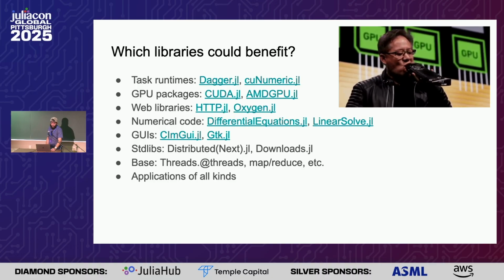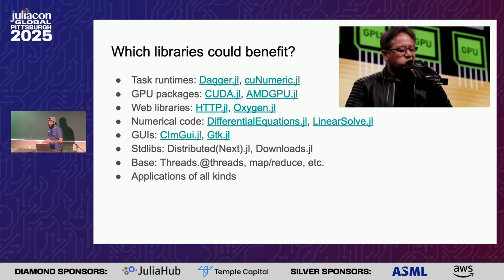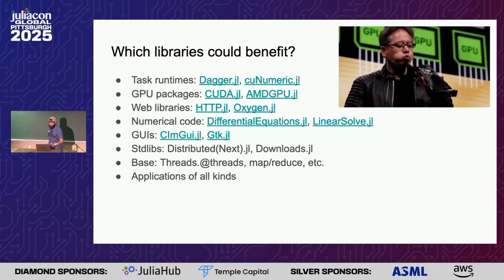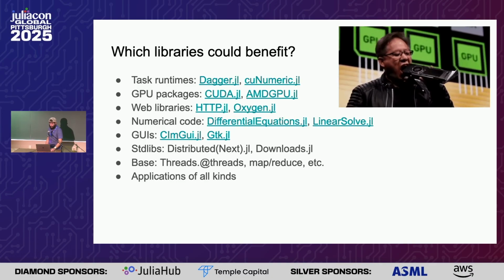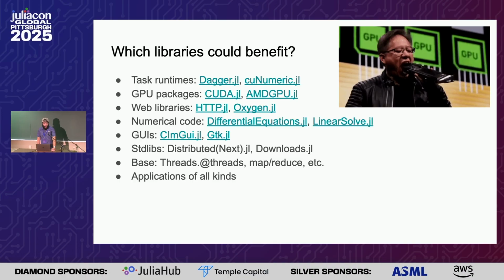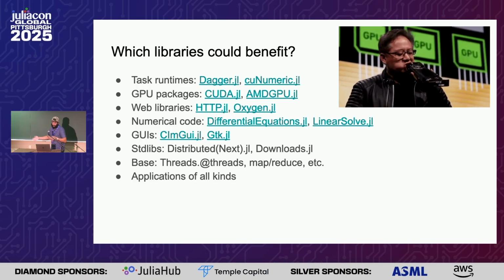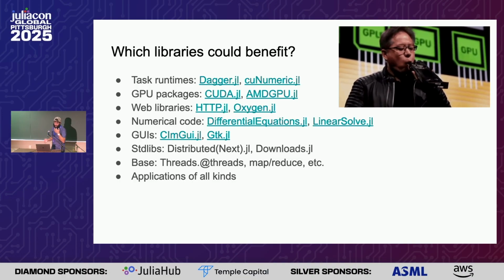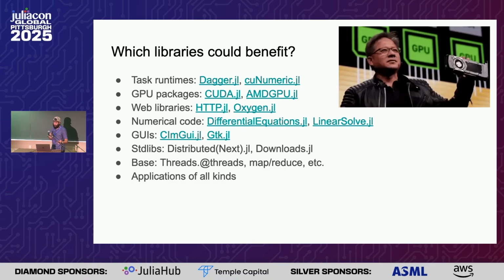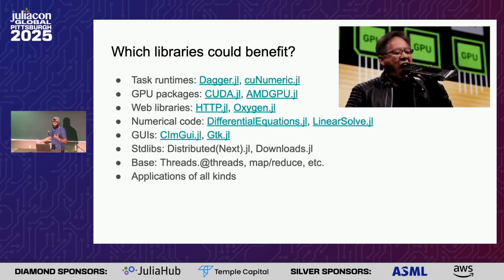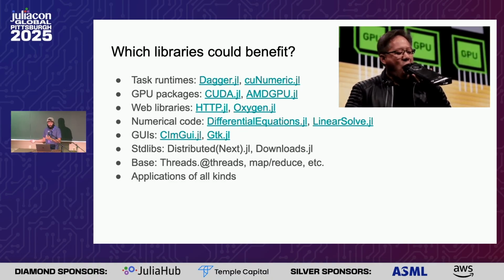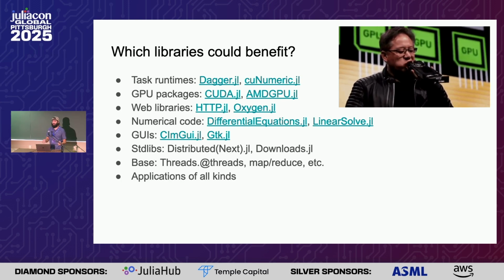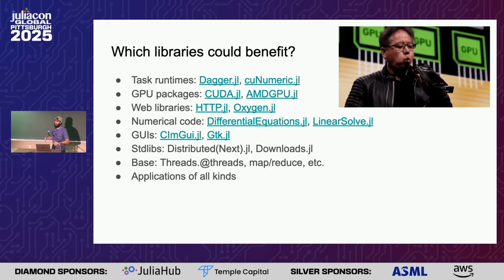So which libraries can benefit from this? As mentioned, libraries like Dagger, qnumeric.jl, awesome talk about that. You should all watch that on YouTube. The GPU packages, web libraries, so HTTP, Oxygen, anything doing those long-running network requests, numerical code, diffeq, linear solve. These things are long, long computations over many time steps.